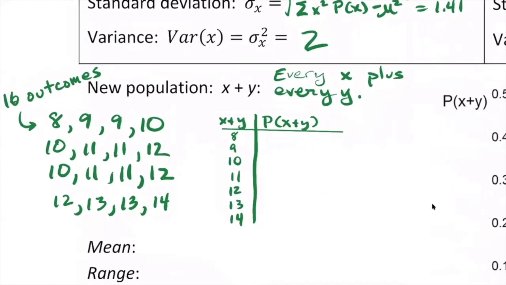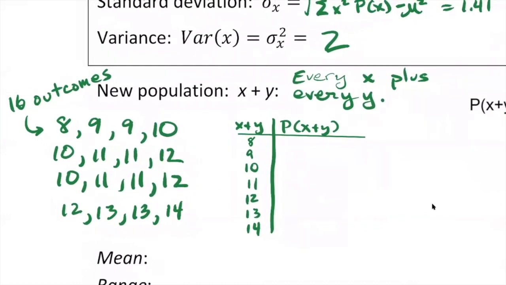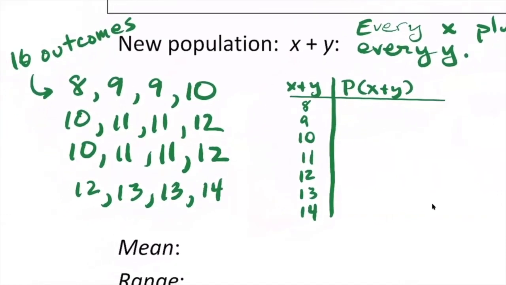So how many times do we get an 8? Looks like just 1. So I'm going to say 1 out of 16 here. How many times did we get a 9? Well, there's 2 of them.